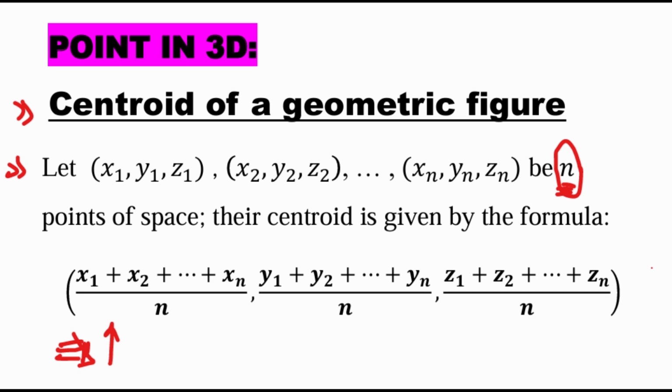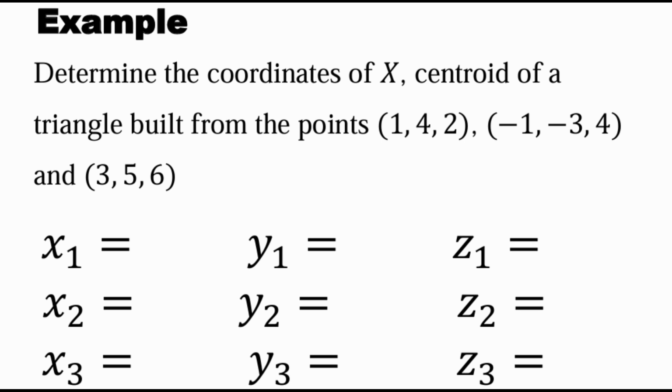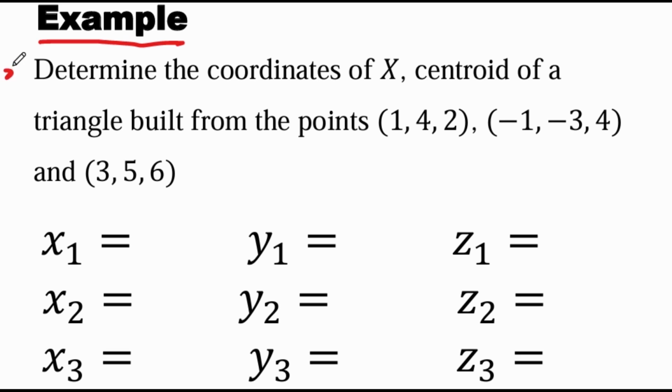Let's see an example. Determine the coordinates of the centroid of the triangle with the points 1, 4, 2; minus 1, minus 3, 4; and 3, 5, 6.